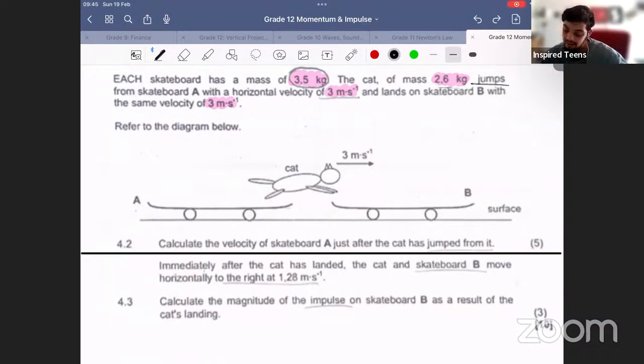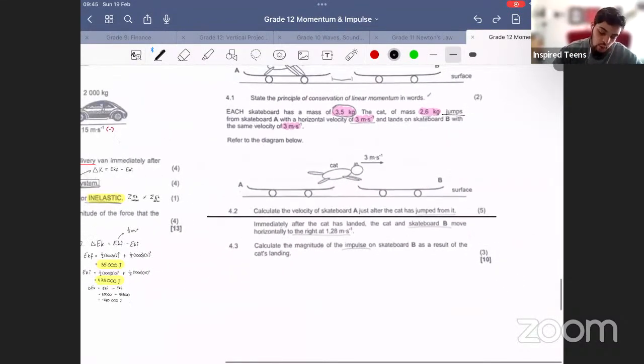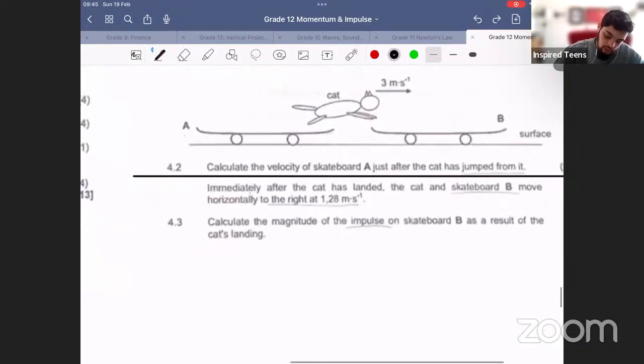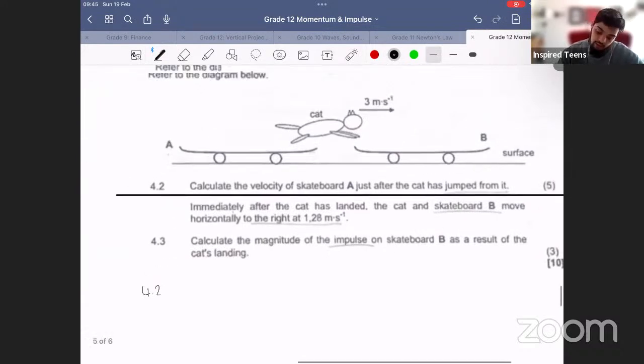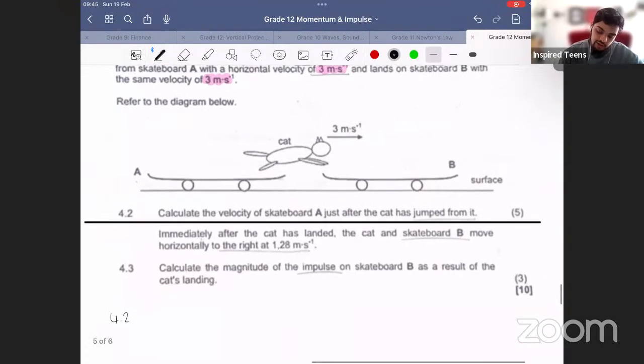Question is asking, calculate the velocity of skateboard A just after the cat has jumped from it. Okay, so we have one of those cases where, okay, actually you guys tell me. So calculate the velocity of skateboard A just after the cat has jumped from it.